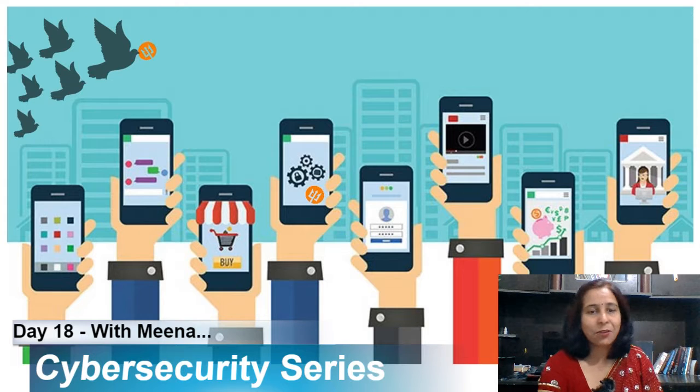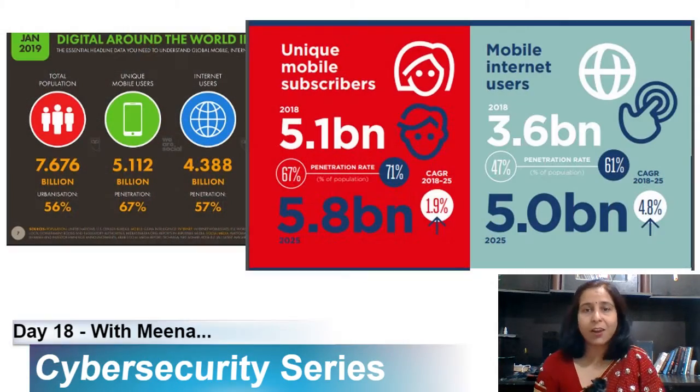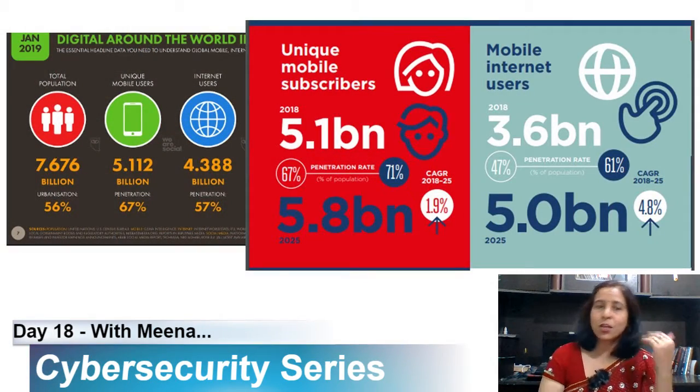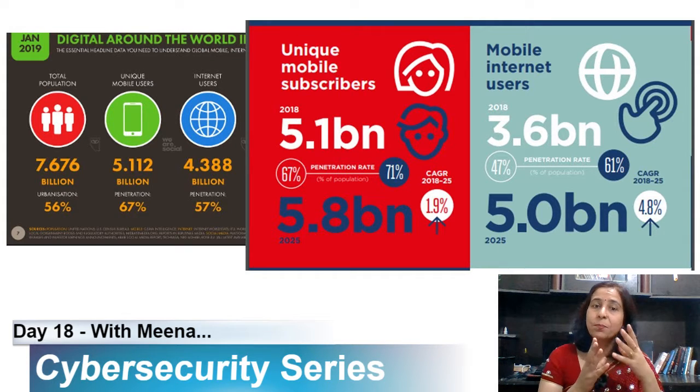Let's have a look at some very interesting data about mobile users all around the world. The total population of the world is around 7.6 billion, the mobile users are 5.1 billion, and the internet users are 4.3 billion.